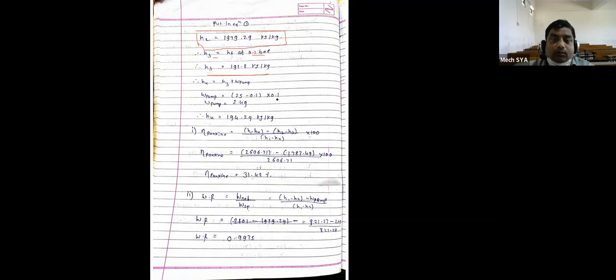The pump work formula is 0.1 into boiler pressure in bar. I'll write it here: W pump is equal to 0.1 into P boiler in bar minus P condenser in bar.